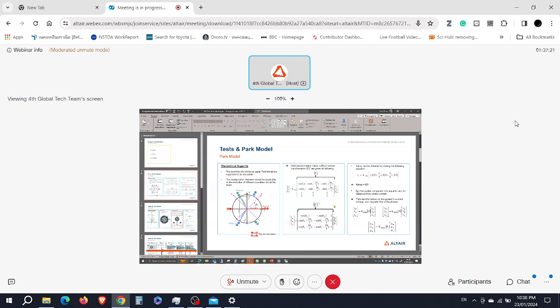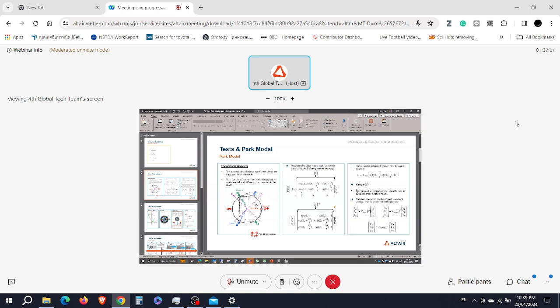So even if we have only three phases for synchronous reluctance machine, we need to simplify more, and actually the Park model will simplify these three phases, this matrix, to only two axes, D and Q. Actually, the Park model is a mathematical artifact to simplify that.